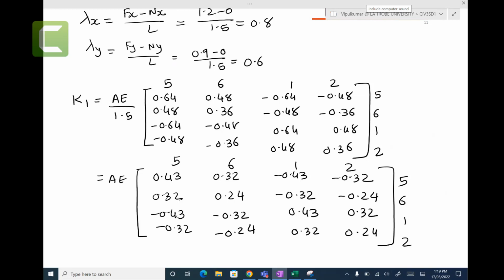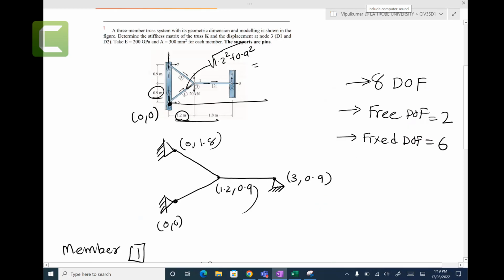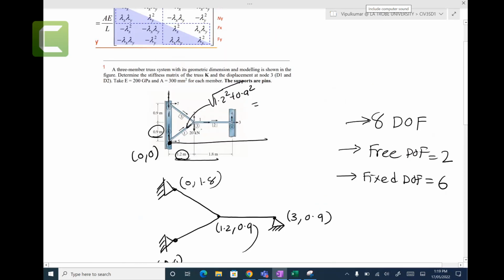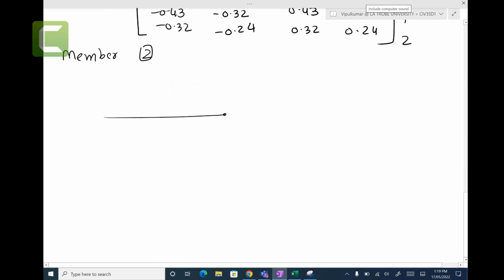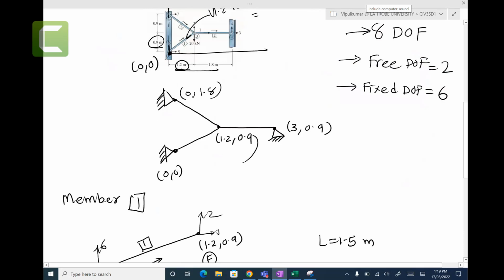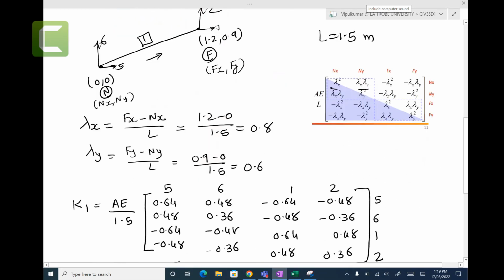Right, so K1 done, now K2. Let me draw member number 2. Member 2 is a horizontal one. If I have a horizontal one, that is much better, because then one of the lambda x and lambda y would be 0. So 1 2 3 4.